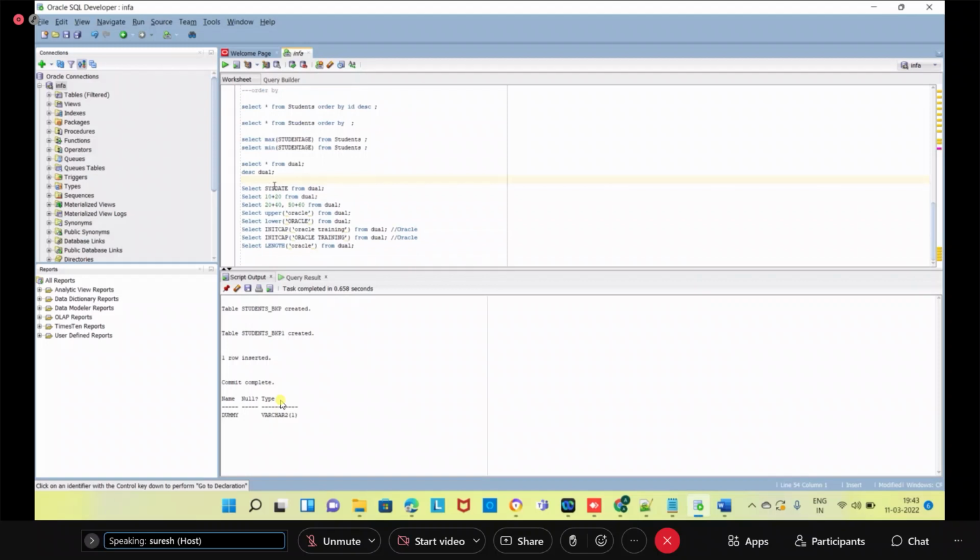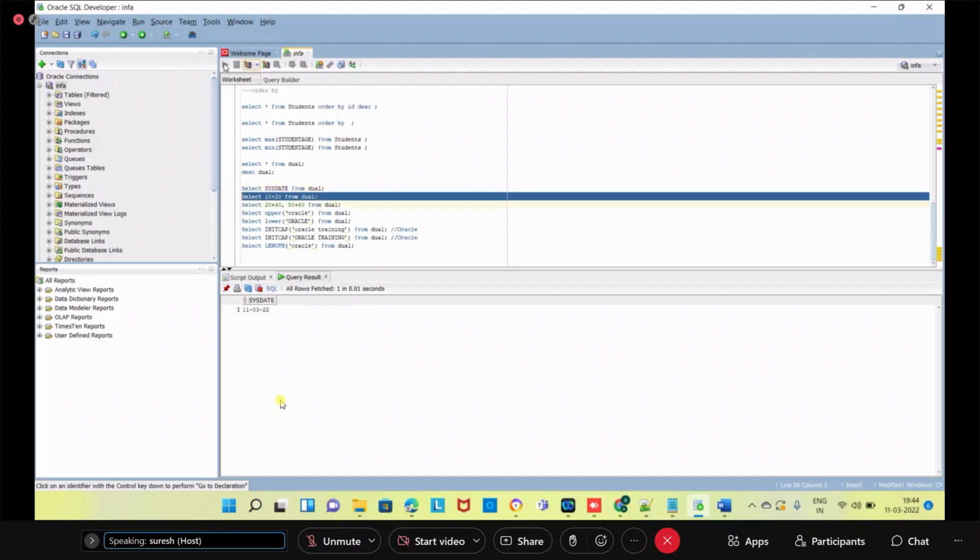Okay, if you want to test the function of any command, you can deal with the dual table. Like if you want to know the system date of this session, this is an inbuilt function, sysdate, so you can write a command like this and then you can get the system date. If you want to perform a plus operation between two values, then you can use this kind of function.